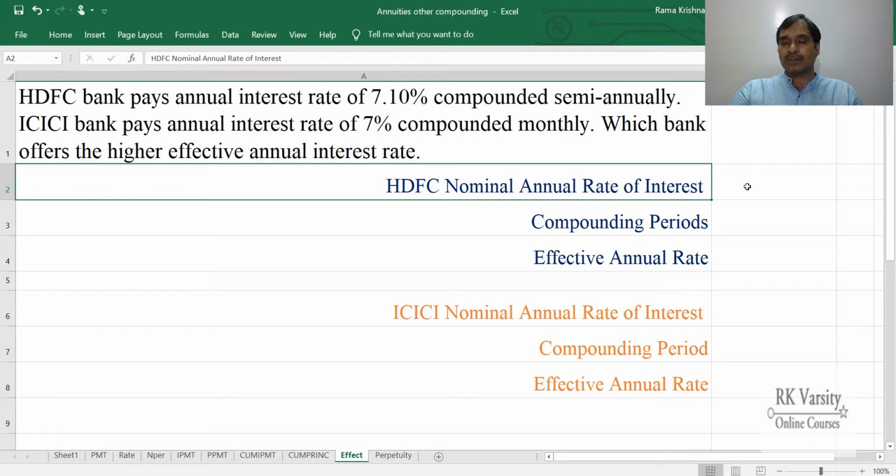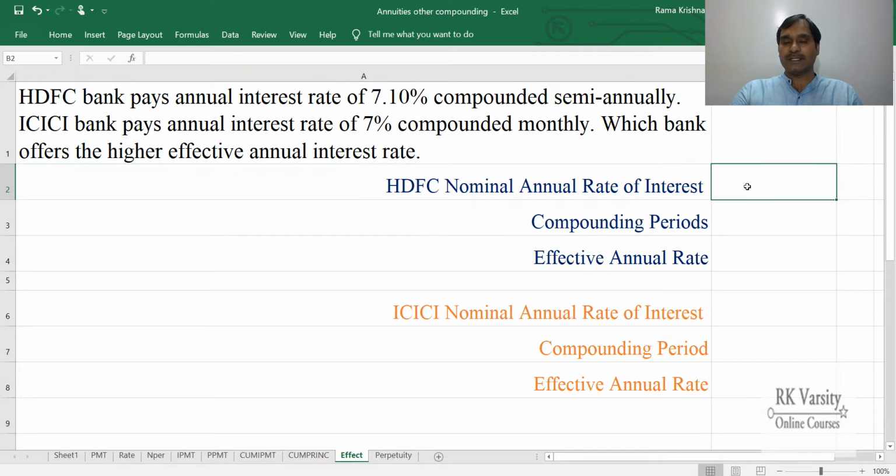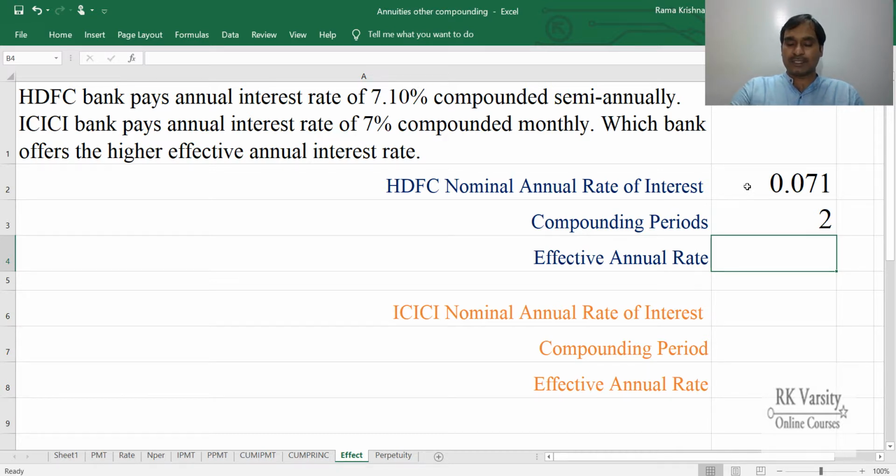So to calculate the effective annual rate, first we'll take HDFC Bank. Annual rate is 0.071. This is the annual rate, and the compounding period is semi-annually. That means there are two compounding periods. To get the effective annual rate in Excel, you need to use the function called EFFECT.